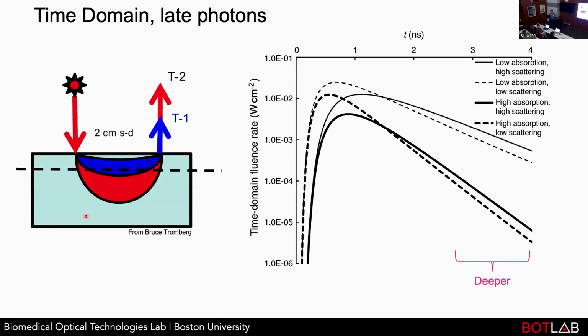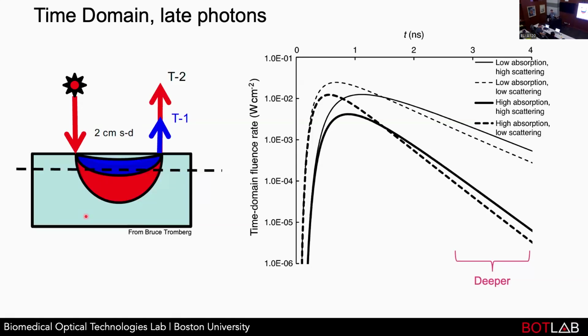Yeah. I just want to emphasize that time is directly proportional to optical path length, because the velocity of the photons in the medium is constant. Of course, just because you have a long optical path length doesn't necessarily mean that the photon went deeper. But I think the takeaway here is really the advantage of time domain relative to CW, because all you're measuring in a CW measurement is basically the time integral of this entire curve.